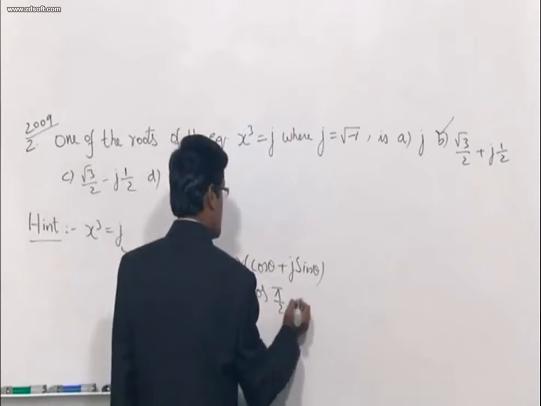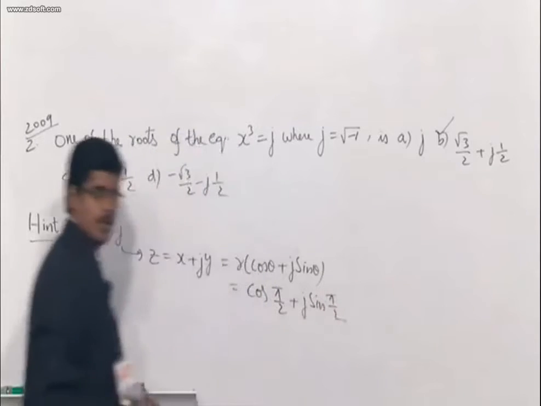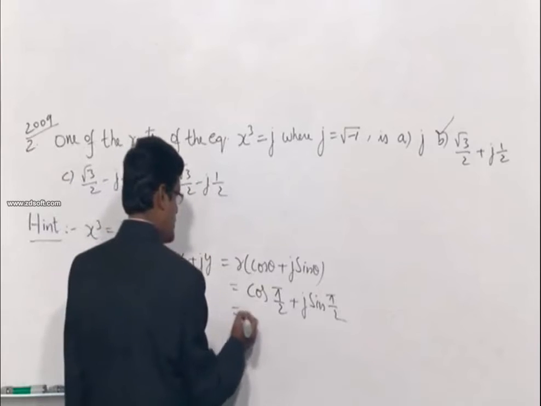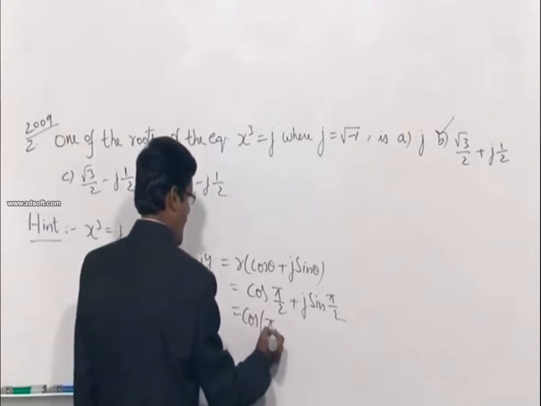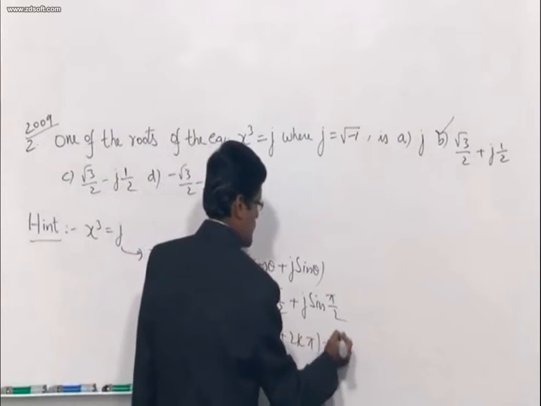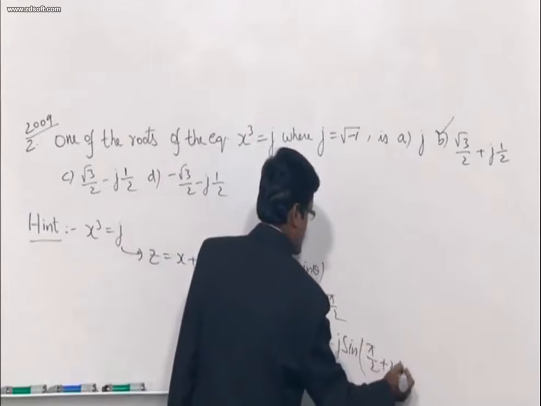Cos pi by 2 plus j sin pi by 2. Okay, this is adding 2k pi, plus j times sin of pi by 2 plus 2k pi.